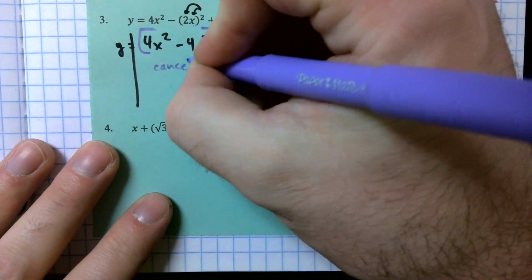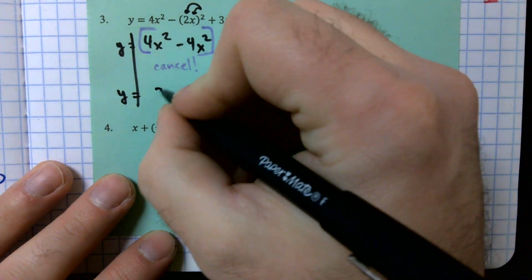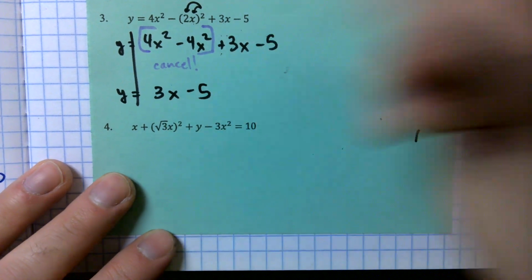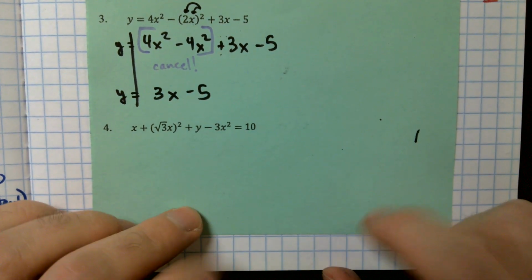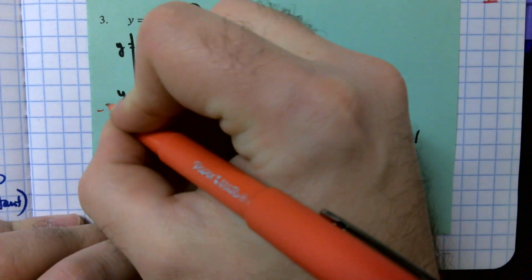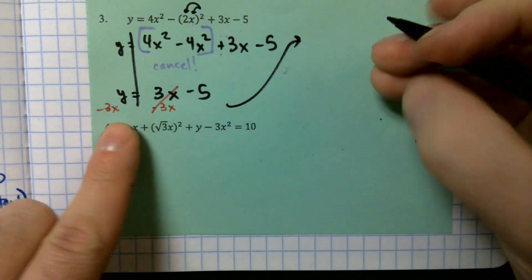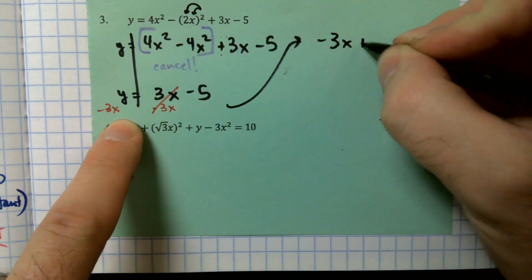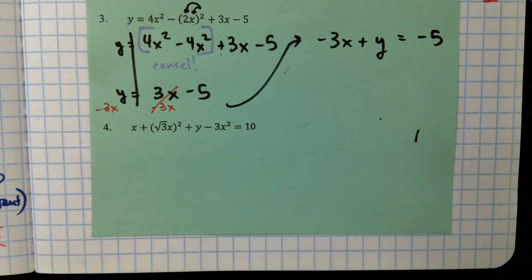These cancel, leaving me with y equals 3x minus 5. If I subtract 3x over to the left, I'm left with negative 3x plus y equals negative 5.